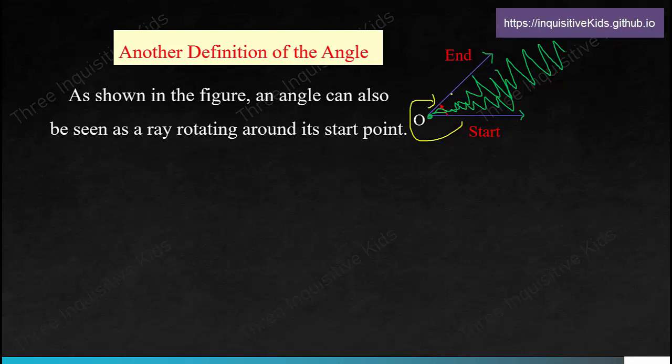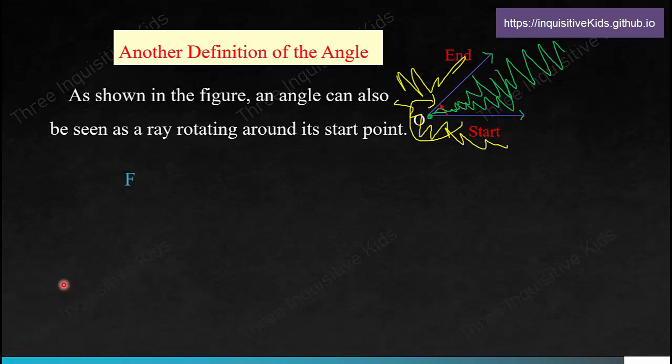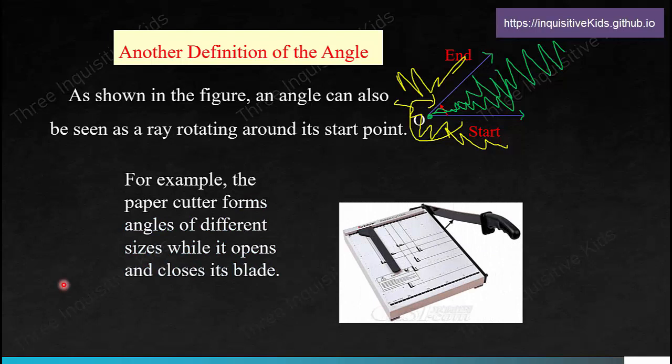So it would be more than 180 degrees. And this space over here would be the angle. Sorry, my drawing's a little bad, but you should get the point. For example, the paper cutter forms angles of different sizes while it opens and closes its blade. So what I'm saying is this whole section right here is the angle.